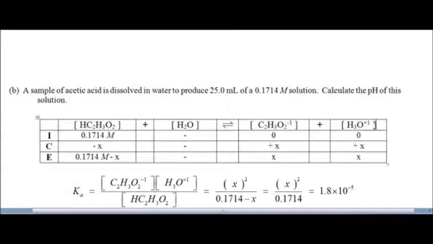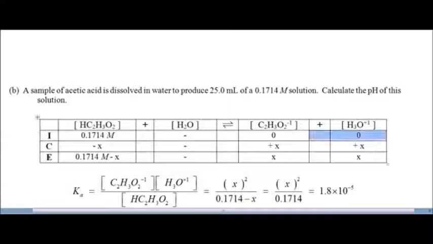Also, hydrogen is produced here, which is represented as H3O with a +1 charge, also known as hydronium. If you like showing just hydrogen there, then we would omit this column here, which is perfectly legal. You don't need to show the water in the ICE chart.